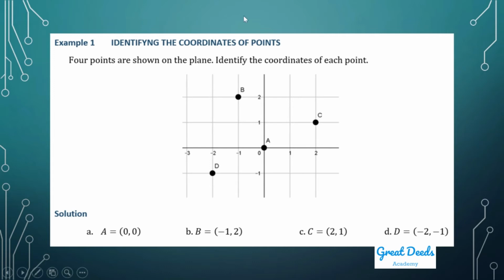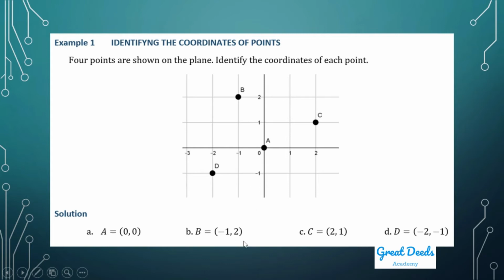Point B, look at that. Draw a line through B that is perpendicular to the horizontal axis. -1 is the x-coordinate. And another line through point B that is perpendicular to the vertical axis will intersect the vertical axis at 2. 2 is the y-coordinate.